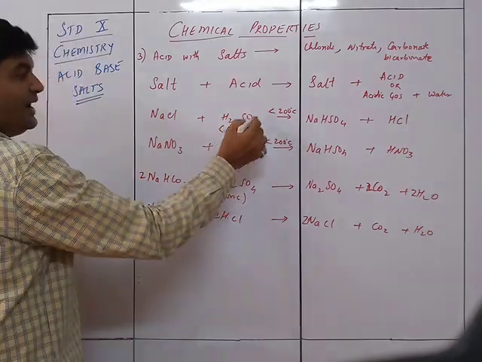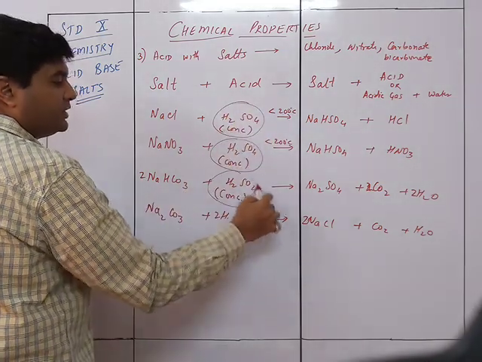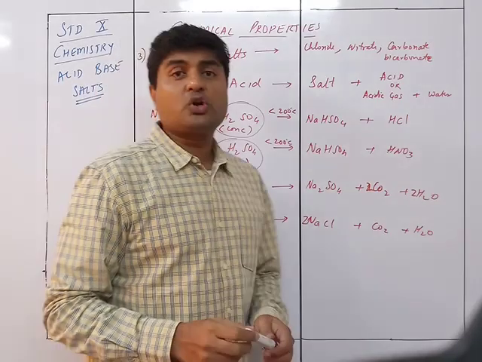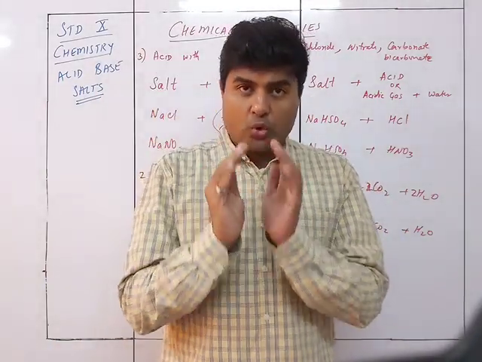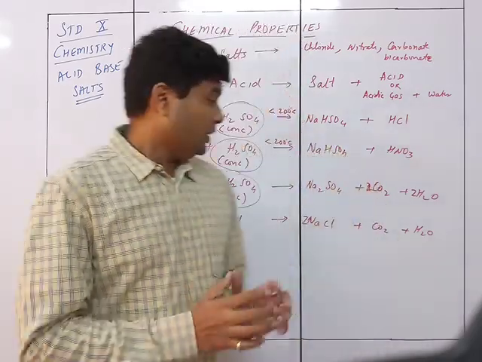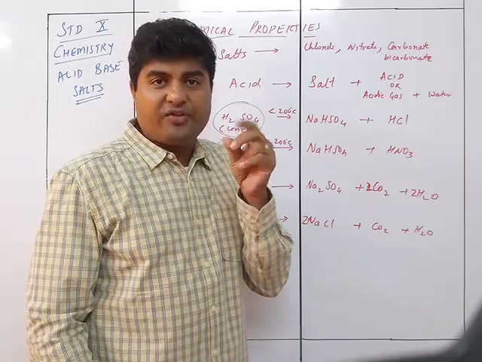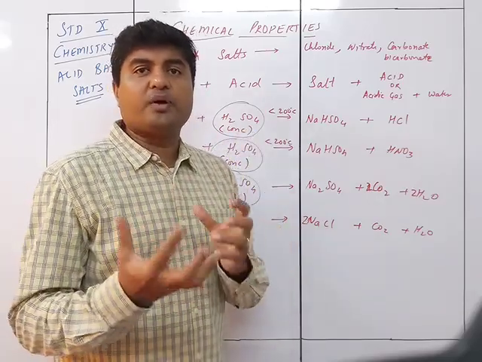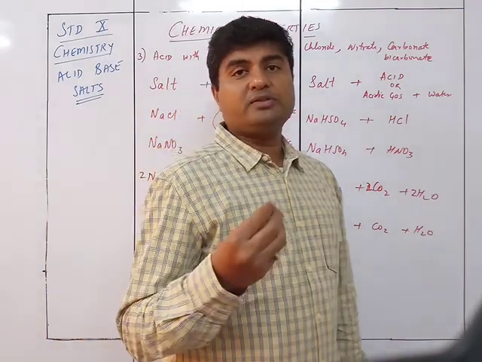The concentrated H2SO4 is a less volatile acid. That means the reaction is slow, and because the reaction is slow, it is able to give us this particular kind of thing. When the reaction is very fast, it is not able to give you a particular acid. It is just going to decompose.